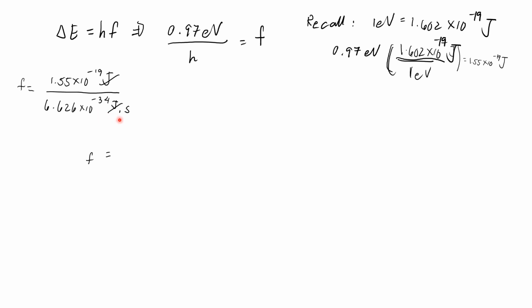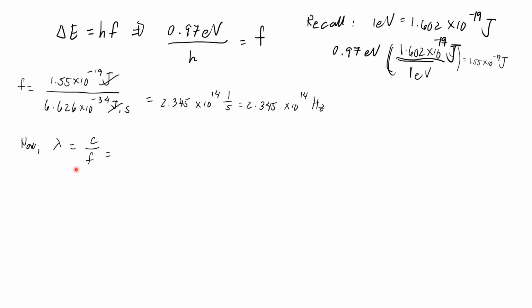So cancel the joules. We have a remaining 1 over second, which is the unit of frequency, equivalent to hertz. So we have 8.345 times 10 to the 14 1 over second, or hertz.